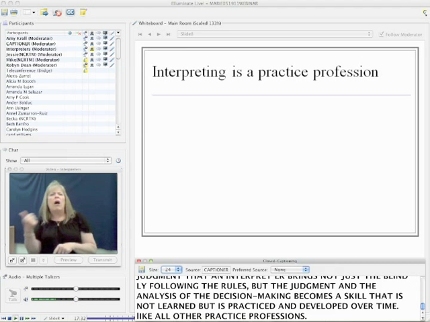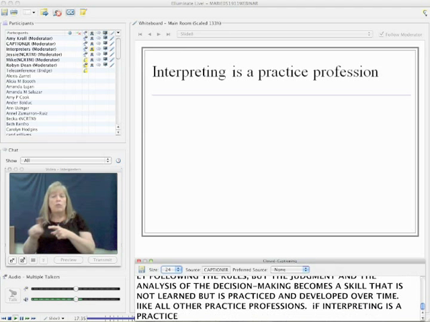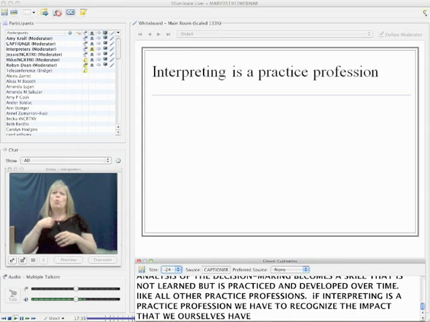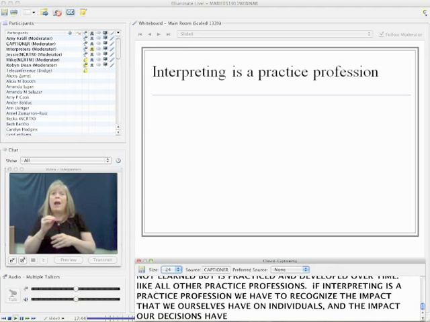If interpreting is a practice profession, we have to recognize the impact that we ourselves have on individuals and the impact our decisions have on individuals, deaf and hearing.